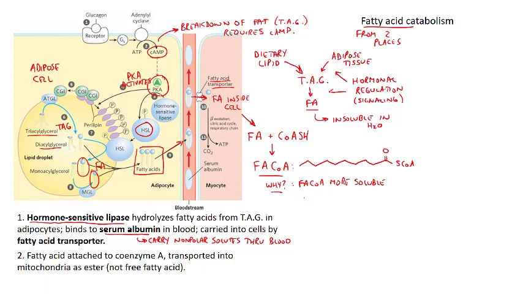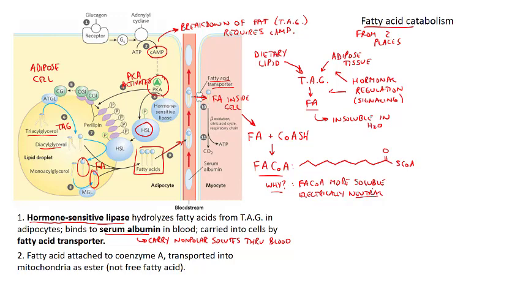A second, more important reason is that it is electrically neutral. If your cells started to take in a whole bunch of fatty acids that are negatively charged, that's going to screw up your membrane potential for taking things into the cells, and that's going to create problems. So fatty acyl-CoA is a way of hiding the electrical charge on a fatty acid.